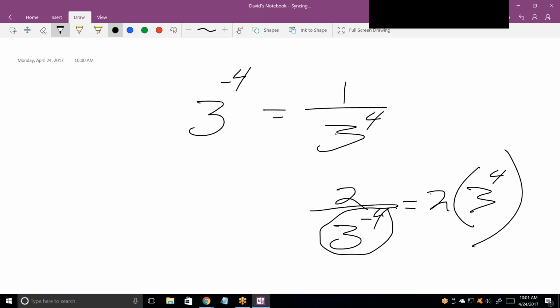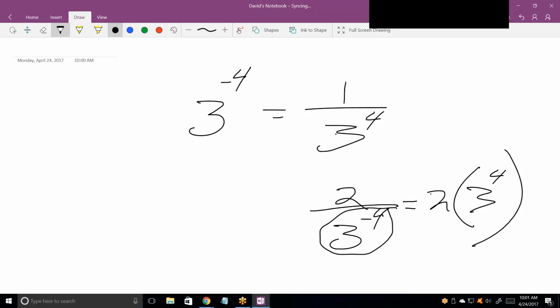Let me close my door so my dog won't annoy us. So that's the deal with negative exponents. They just mean reciprocal. They do not have anything to do with negative numbers. That's a concept that a lot of people have trouble with. They immediately want to make it a negative number, and it never is.